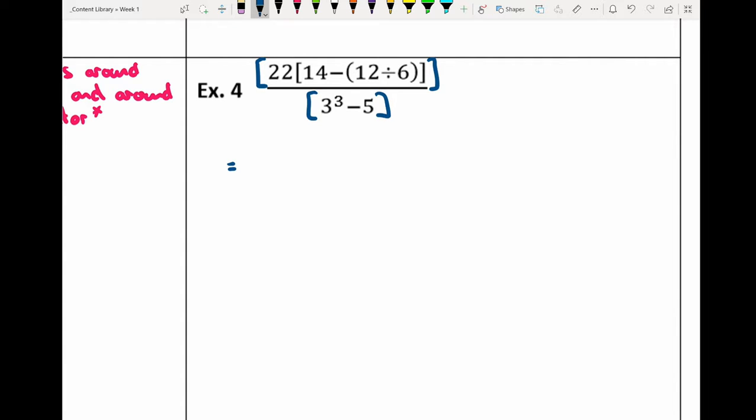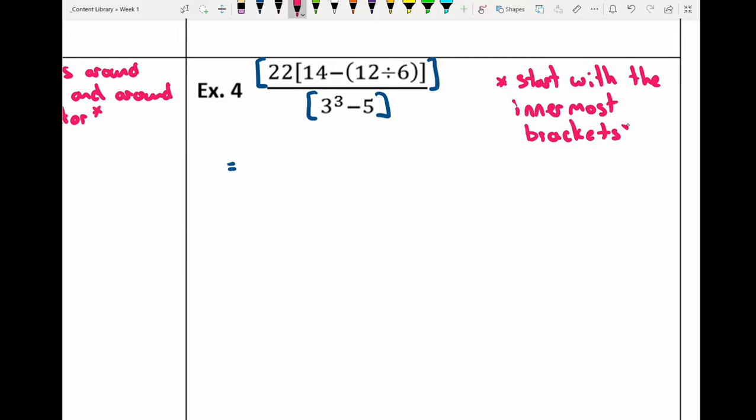In that top bracket, the first thing we can see is brackets inside of brackets. So which one do you start with? When you have brackets inside of brackets, you start with the innermost brackets, which in this case is the ones that I just highlighted.